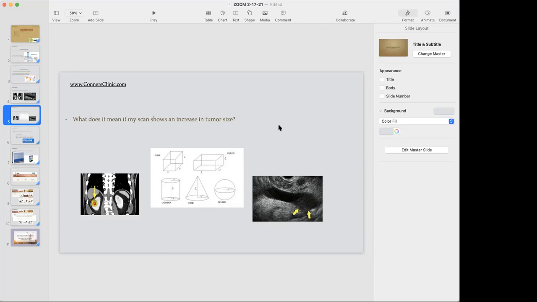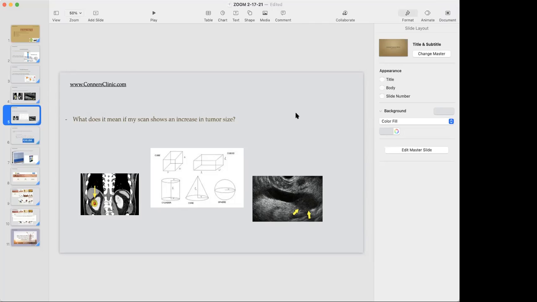Okay, you've got to take a step back and go, maybe there's no growth taking place. Maybe there is. So that's the third option. Maybe there is growth taking place. Maybe we need to change the course of treatment. Maybe we need to tweak something. Maybe we need to change something. Maybe we just need to keep doing what we're doing now. And those are the questions that you have to ask yourself and ask other professionals and get their advice.